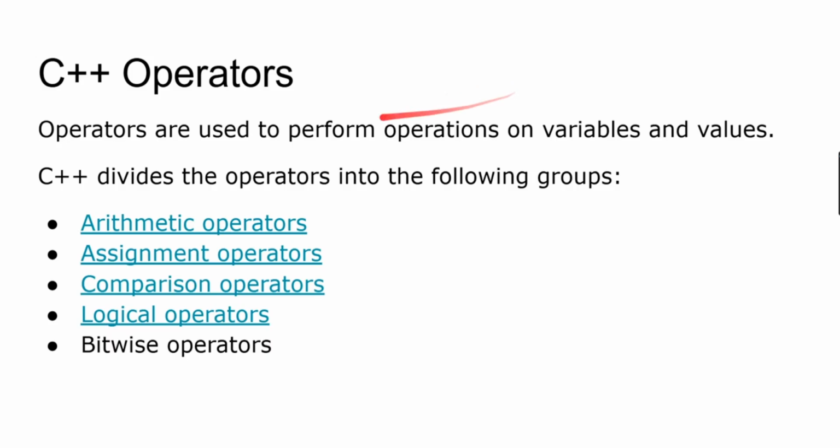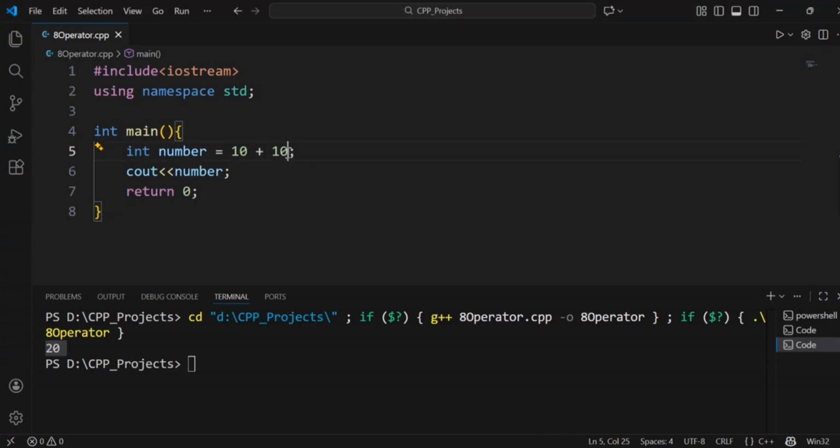We have also seen that operators are used to perform operations on variables. We have seen it on values, now we will see it on variables. Let's say int number1 is equal to 10, and let's have another number also, int number2 is equal to 5. So these are my two numbers.